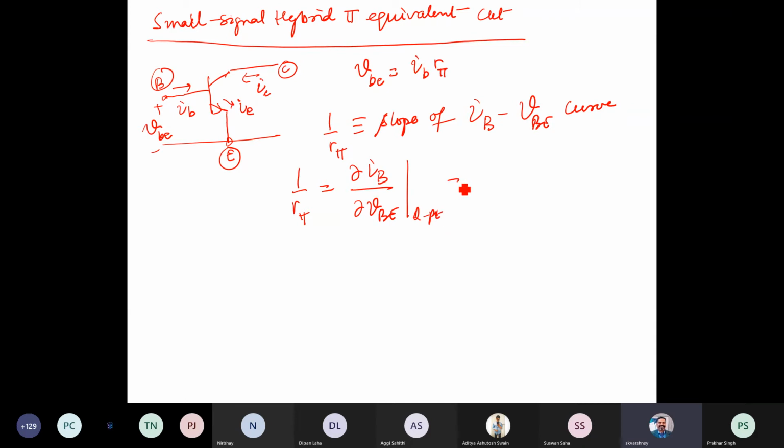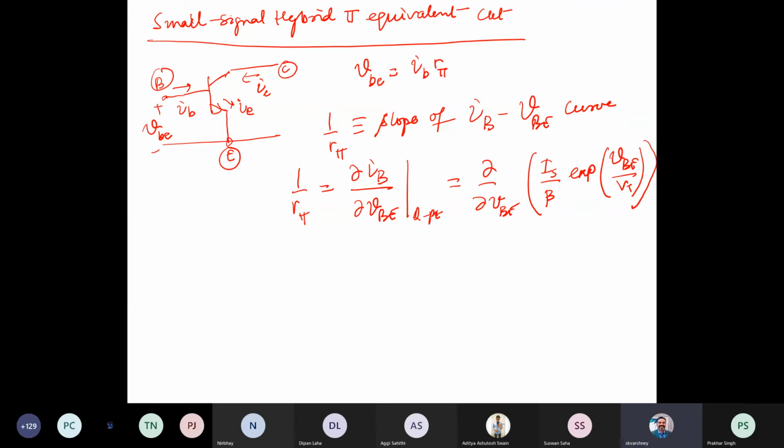We can calculate this as del over del VB of IB, for which we have the expression IS over beta exponential VB over VT, evaluated at the Q point.